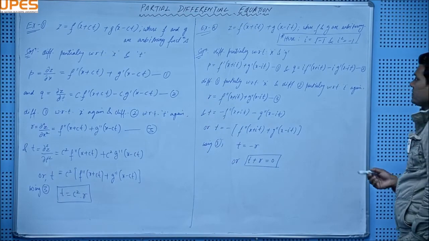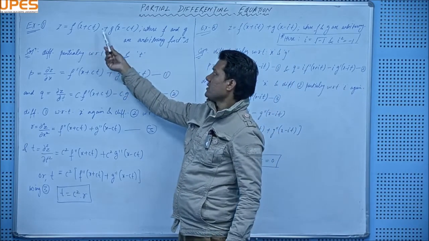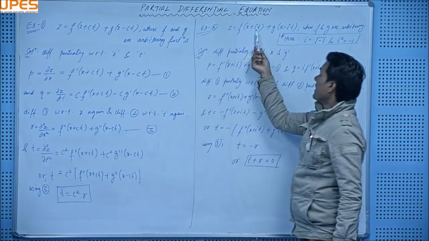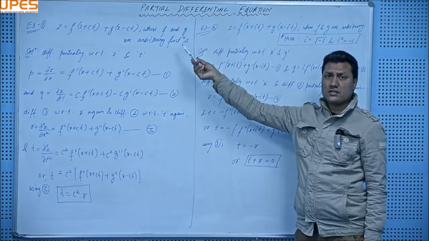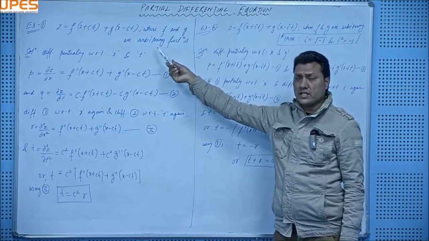We see the similarity between these two questions: in place of c here we have c, and in place of c we have minus iota here. These questions are pretty similar, so this is just a particular case of that.